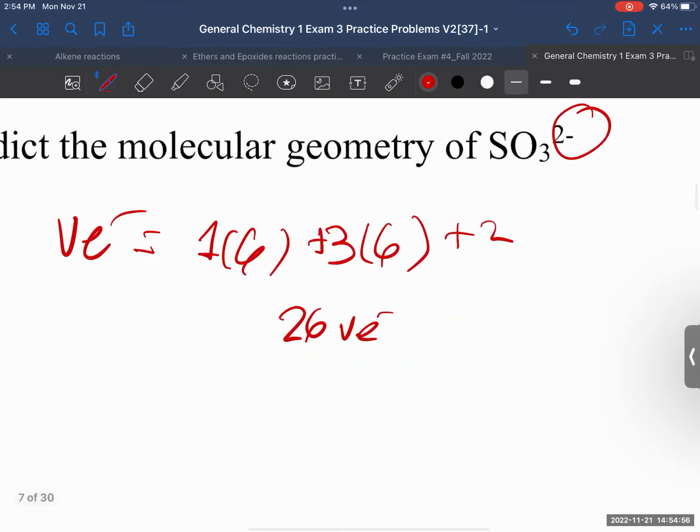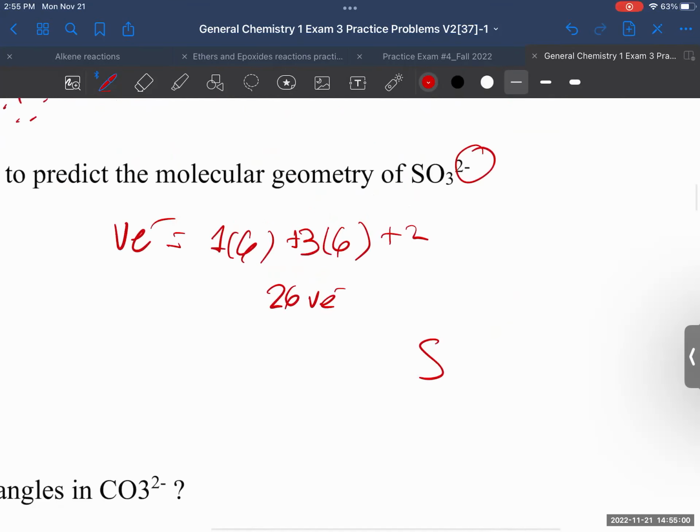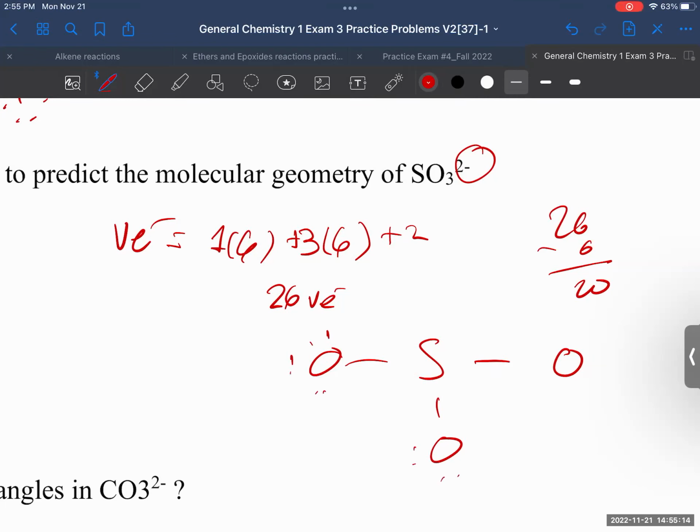And then you know sulfur is gonna be your central atom. So you have the sulfur, and it's gonna be connected to 3 oxygens. 26 minus 6, you have 20. And then you want to put the lone pairs on each one, and subtract 18.